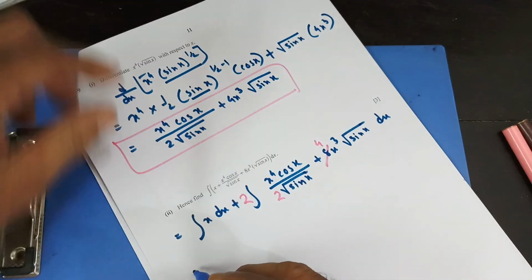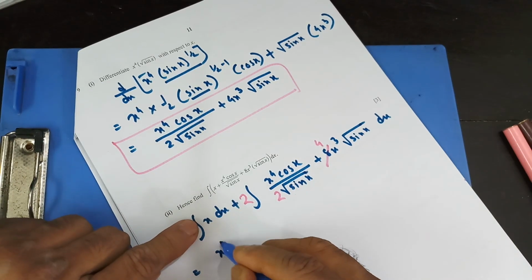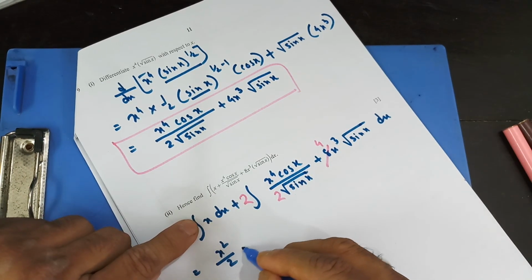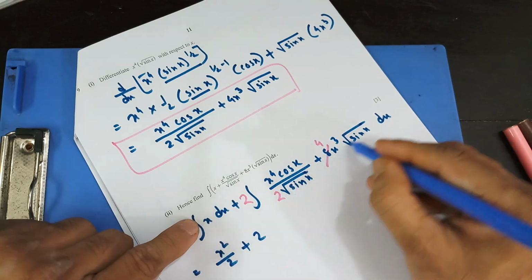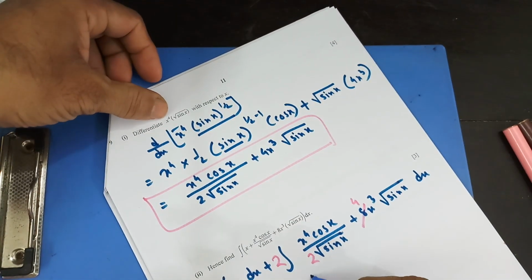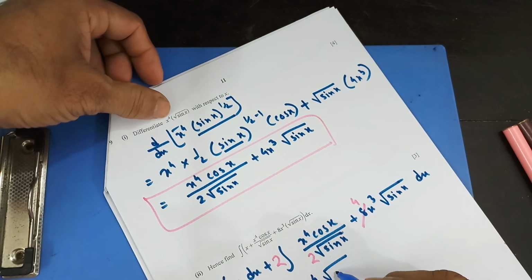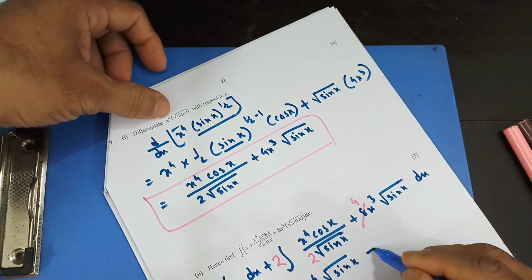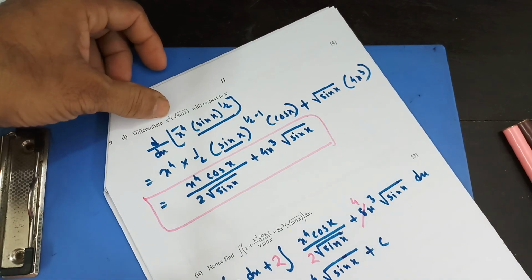Okay, so this I already know. It's going to be x squared by 2 plus 2, and this whole thing is nothing but this thing, x to the power 4, then square root sine x, plus, don't forget the constant c.